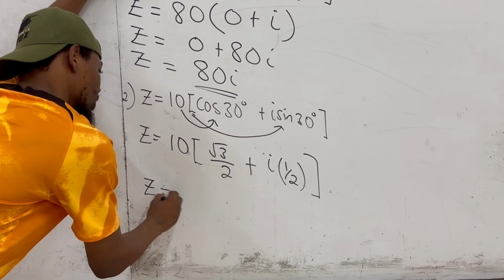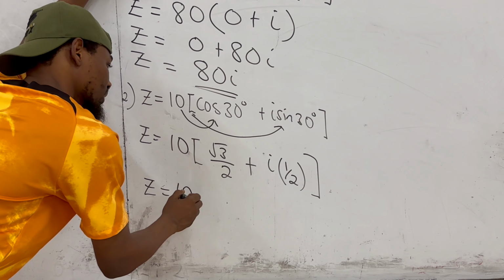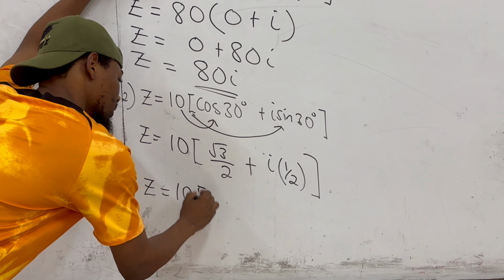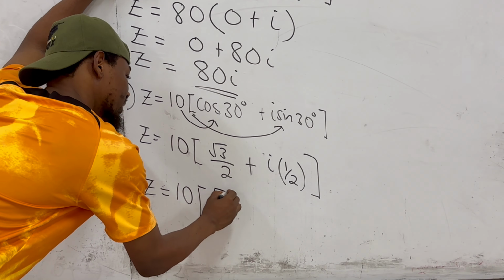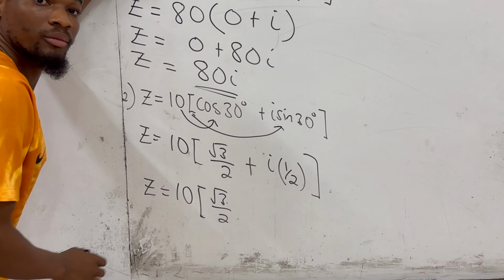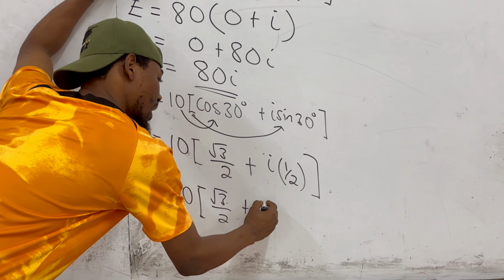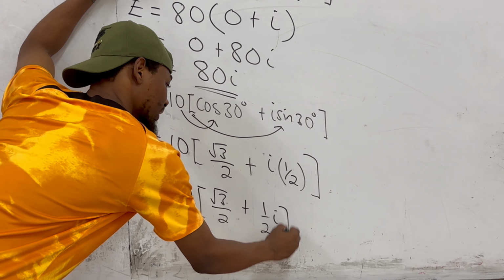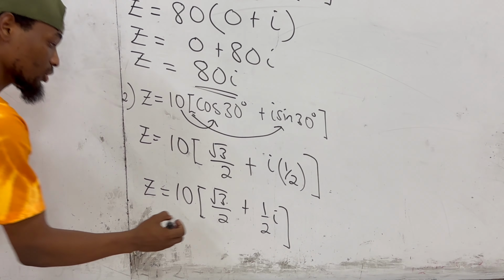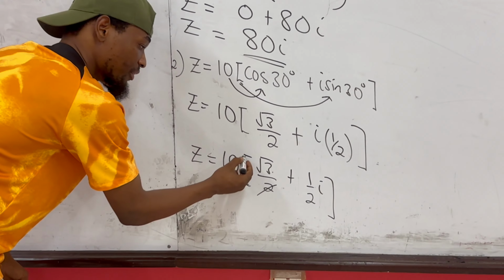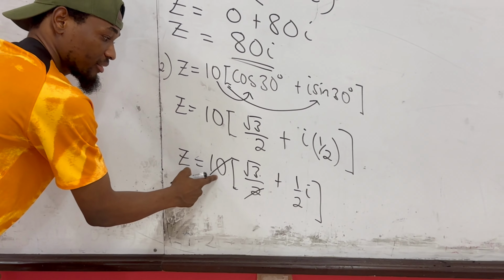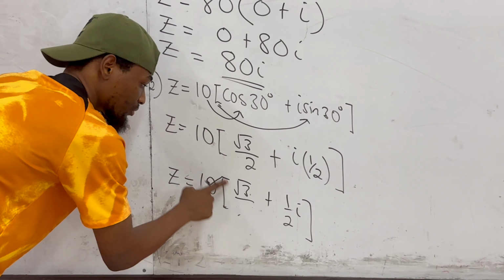So z is equal to, I have 10, then I have root 3 on 2 plus half i. So 2 divides 10. Okay, let me do it this way.